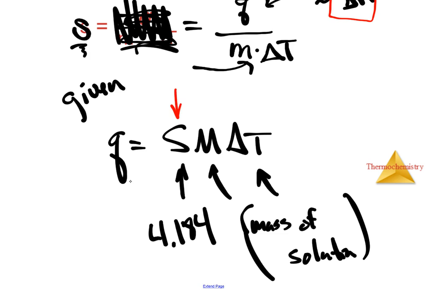So S is 4.184. M is the mass of your solution. Be careful, your solution means your solute plus your solvent. It doesn't mean just one or the other, it means them combined. And then the change in temperature. We okay with this so far? Okay.